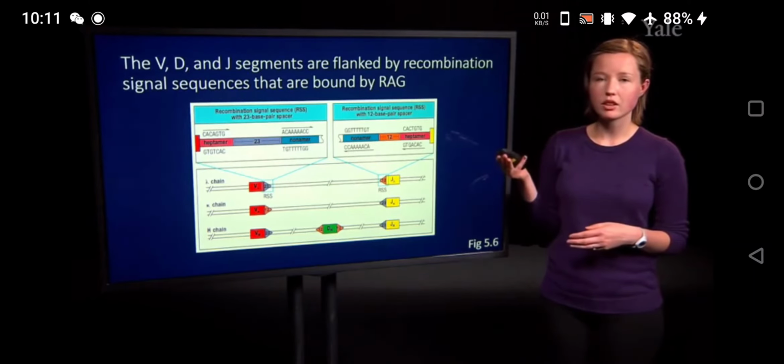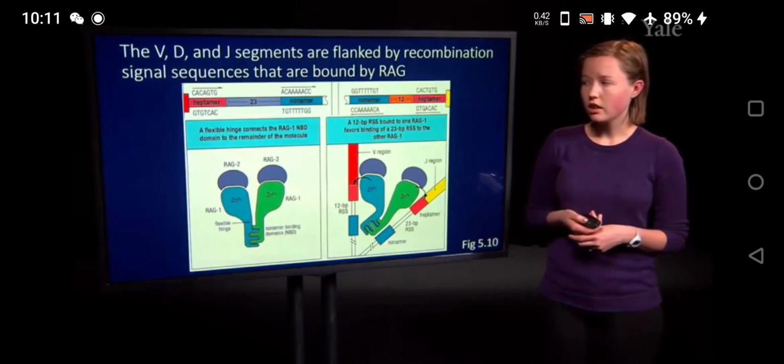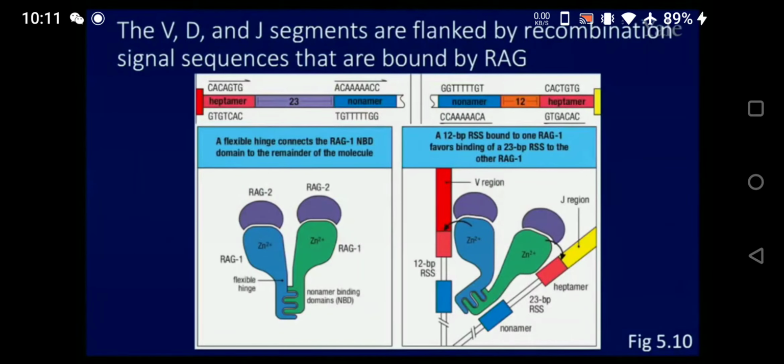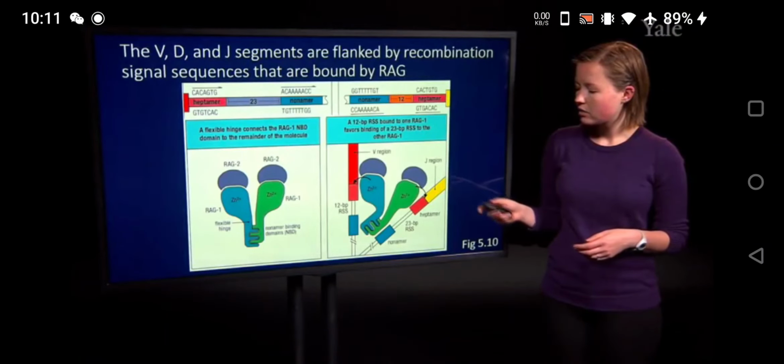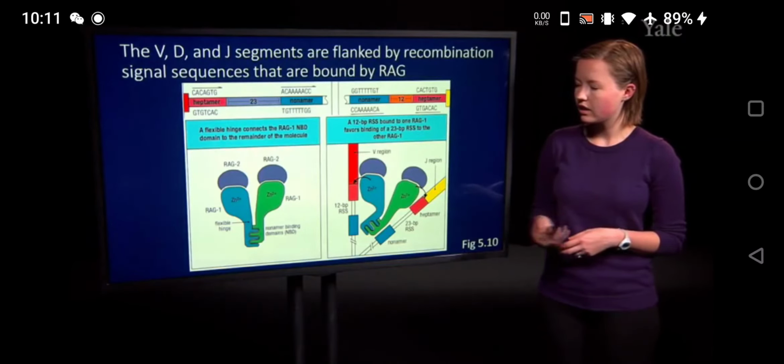called RAG. Here we can see a diagram of the RAG proteins, and they will bind as a heterodimer of RAG1 and RAG2 molecules to the 12 and 23 RSS. If you notice shown here, this heterodimer will actually interact with one 23 RSS and one 12 RSS at the same time.